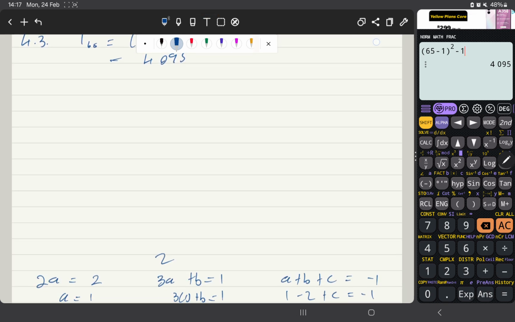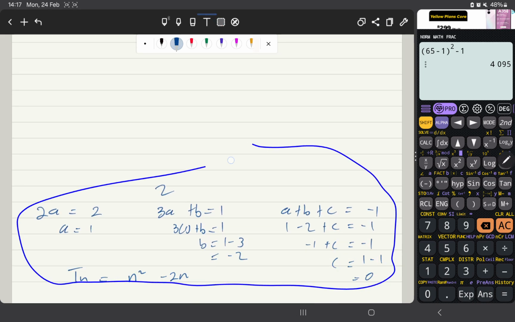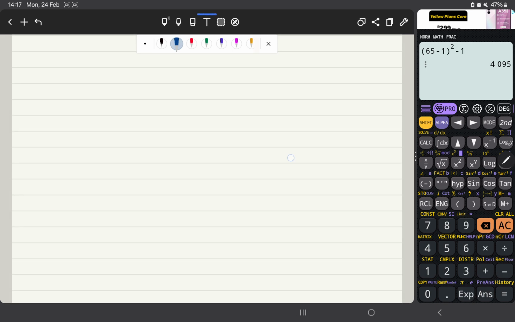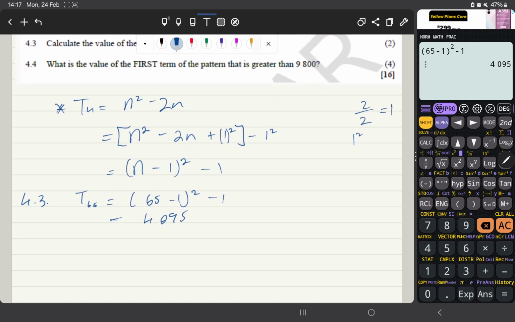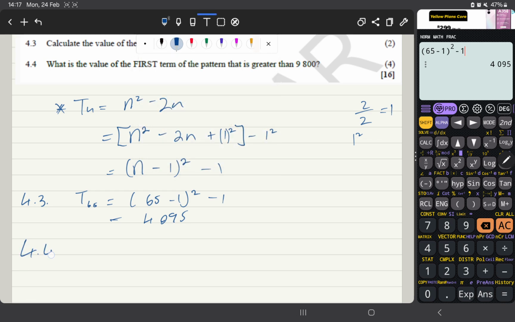And the last problem, I think I should also create more space. Delete. The last problem, 4.4, what is the value of the first term of the pattern to be greater than 9,800, right?